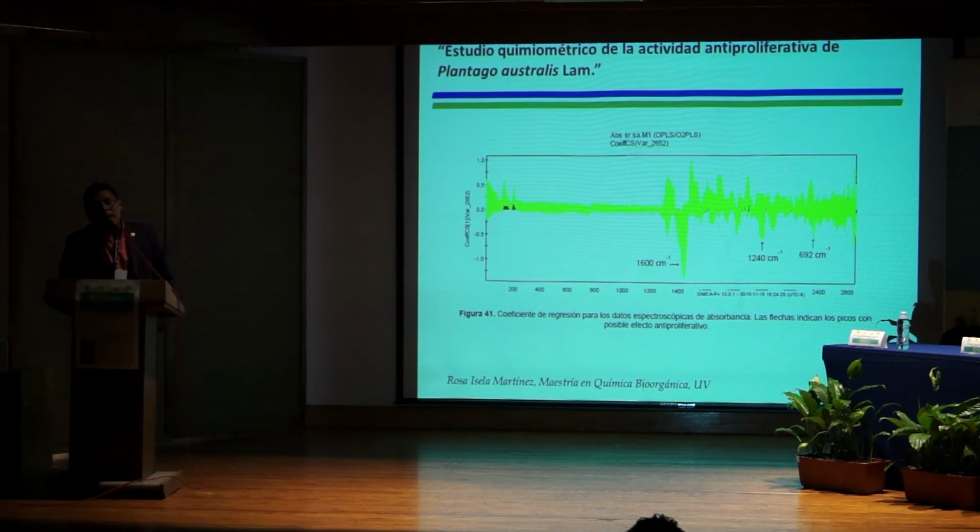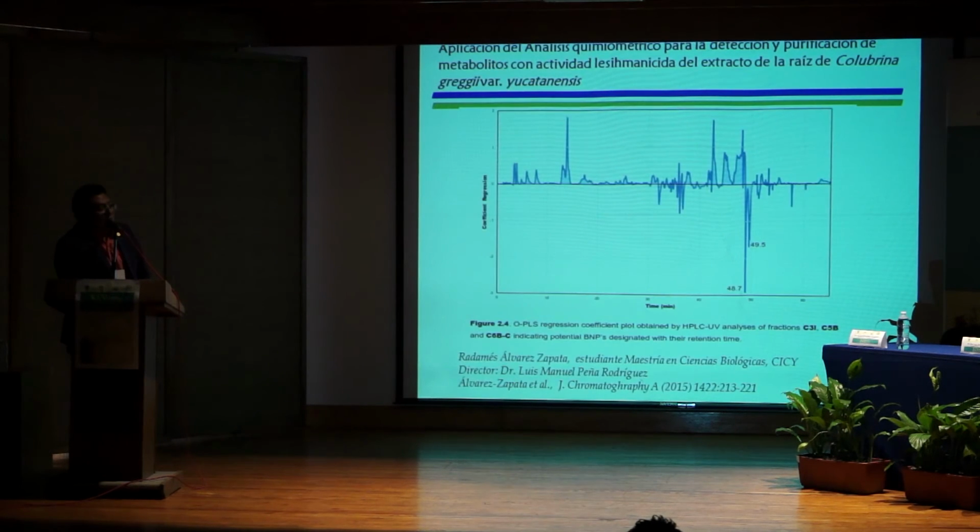So in these plants, we were able to relate that to two main components that were already known, not in Plantago australis, but in another Plantago. So far, we managed to relate that. However, we haven't continued the work with Plantago.